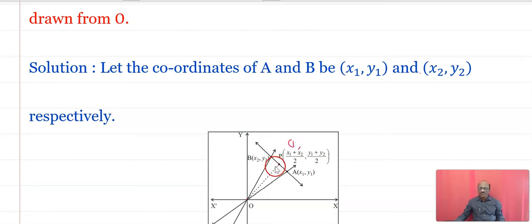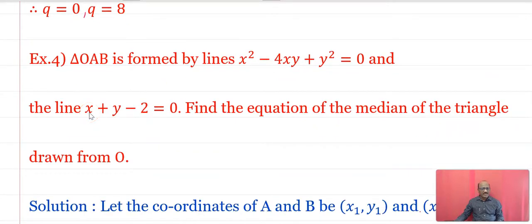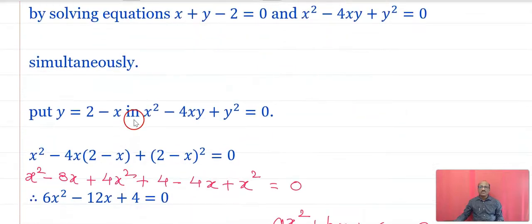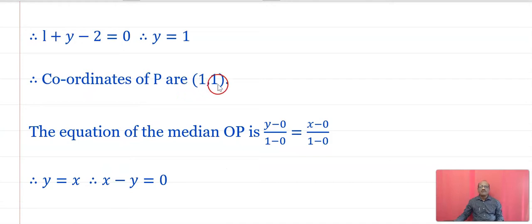I can find out the y coordinate by substituting the value of x in this equation. If I substitute x is equal to 1, then I will get 1 plus y minus 2, then you will get minus 1, and then y is also 1. Put the value of x as 1 in this equation, you will get value of y is 1. The coordinates of P are 1 and 1.